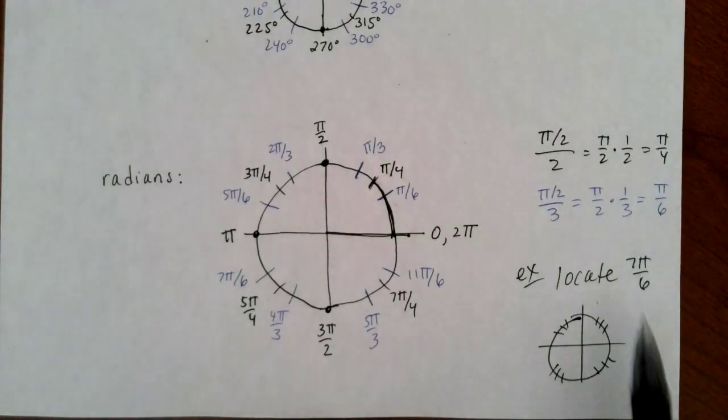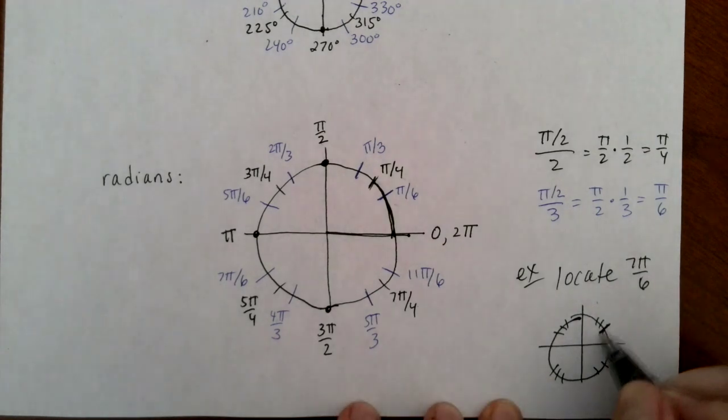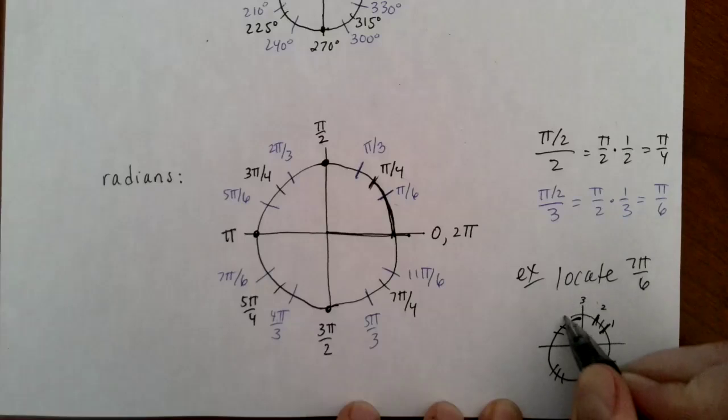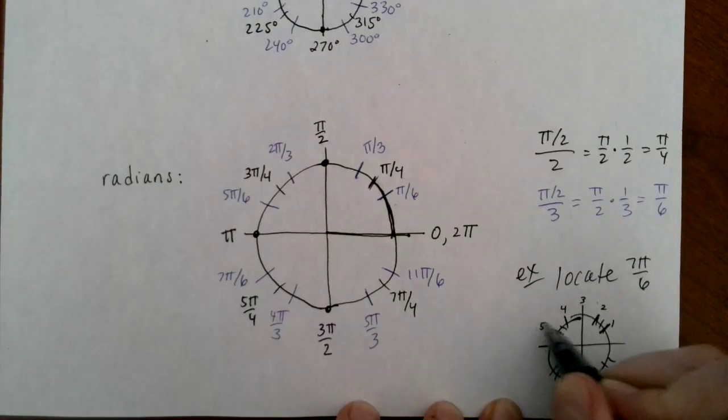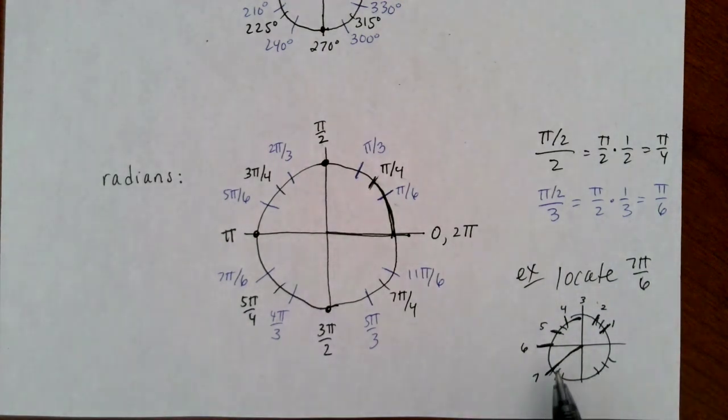So now 7 pi over 6. I'm going to count out the pi over 6 chunks, skipping those halfway markers. 1 pi over 6, 2 pi over 6, 3, 4, 5, 6, 7. So 7 pi over 6 is this angle in the third quadrant. We'll practice more of this in class together.